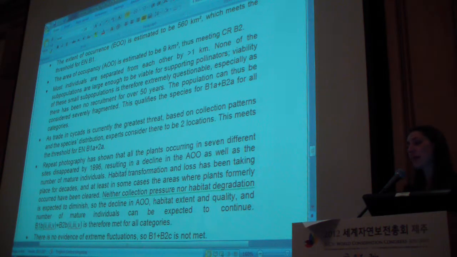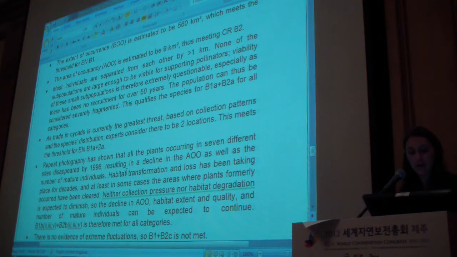It also said that severely fragmented meets B1 and B2 for any of the categories, B1A and B2A. There are 2 locations, so that would meet endangered, B1A and B2A. So right now we've got critically endangered B2A, and endangered B1A plus B2A.